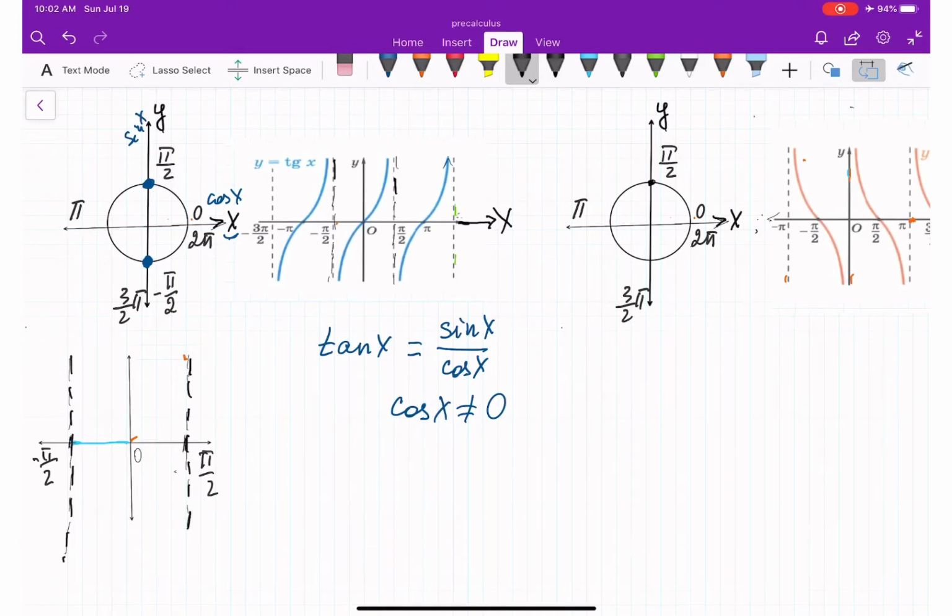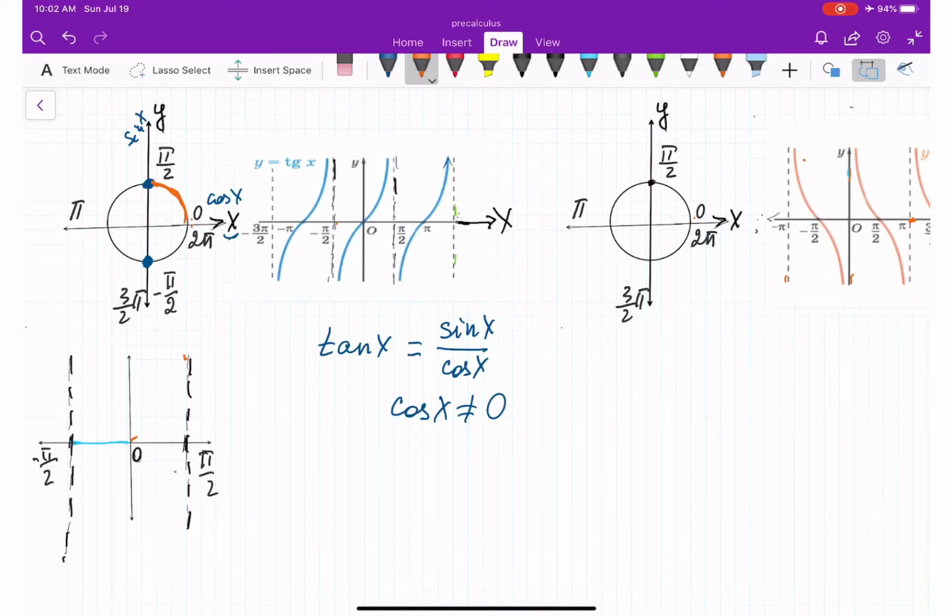So let's see, from 0 degrees, and this is our 0 degrees, let's see what's happening. From 0 degrees to half a pi, our tangent x is going to follow our sine x from 0 to half a pi. Sine x is growing, right?